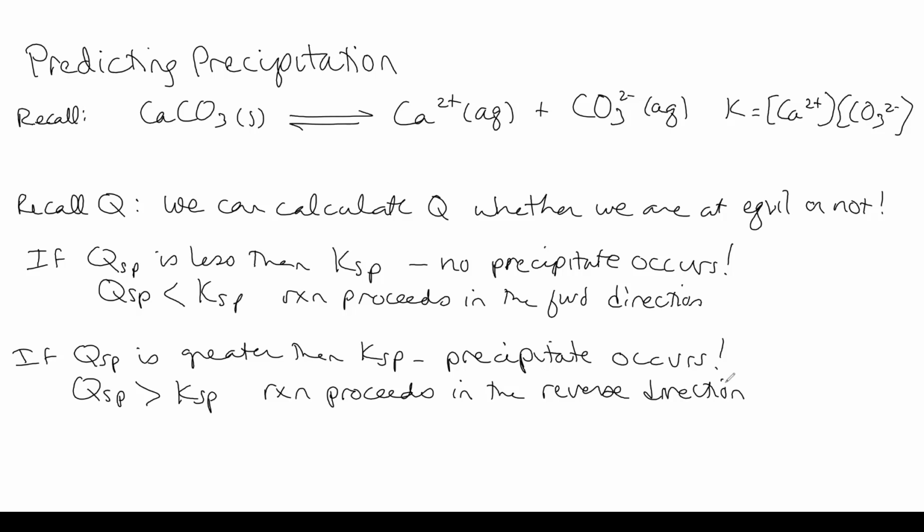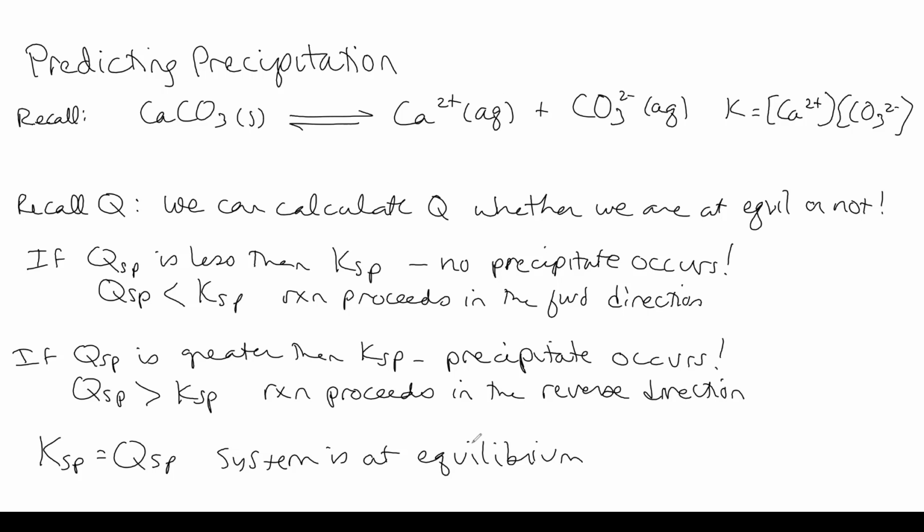Also remember, if KSP, and this is just like chapter 13, is equal to QSP, then the system is at equilibrium. Okay, so really make those connections back to chapter 13, because that'll just make this a piece of cake.